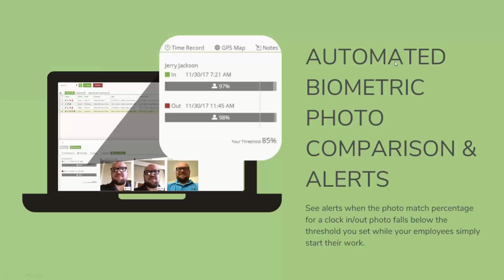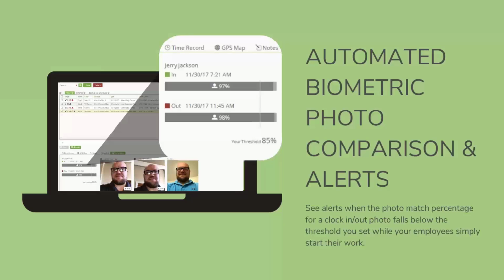When we pull in the photo for the biometric measurements and reading within the mobile application, we give a percentage match to the source image. The important thing here is that you have control of this threshold. So if you've got things like PPE equipment or face masks, hard hats, etc., those things will all still allow for the punch to fall within your match percentage and not throw a false negative on your record.